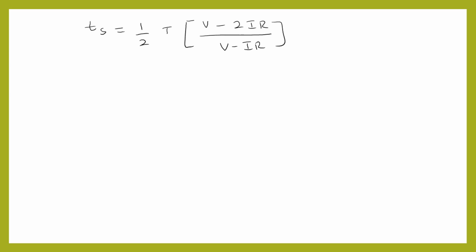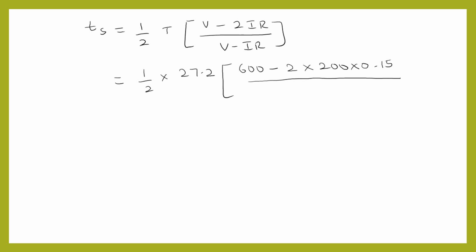So we have Ts equal to half into 27.2 into 600 minus 2 into 200 into 0.15 divided by 600 minus 200 into 0.15, where T is the time for acceleration.